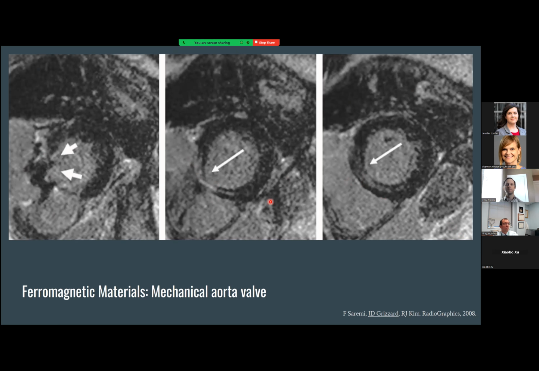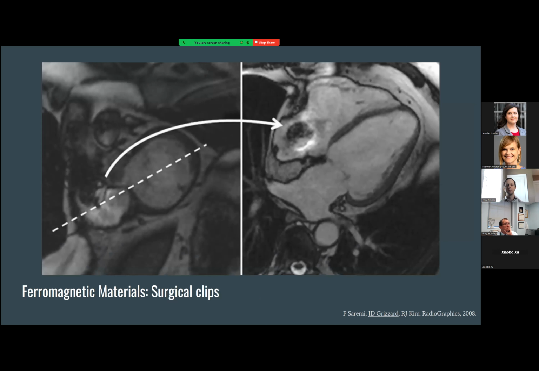It's a matter of trying to adjust the phase encoding direction and make sure you do gradient echoes and things like that. But those valves, particularly if you're looking for any flow or tissue damage near the valves, could be difficult to assess. Surgical clips are also going to cause some shift in the signal that we get.